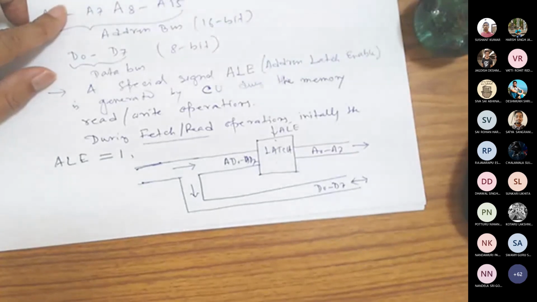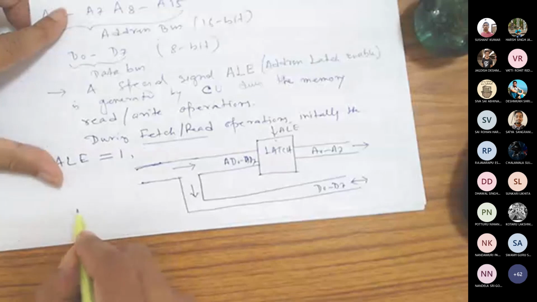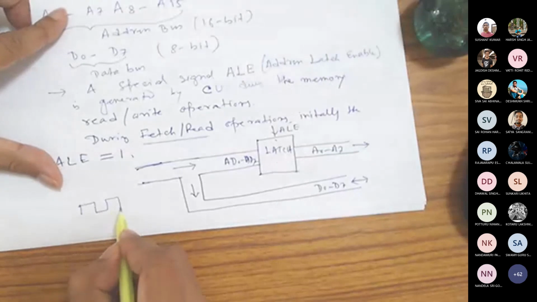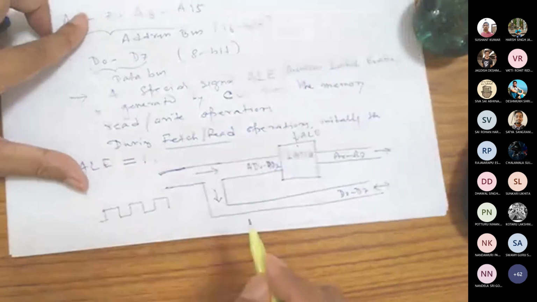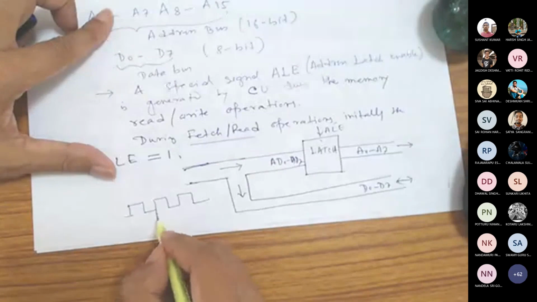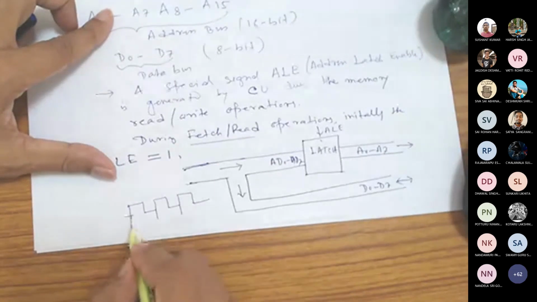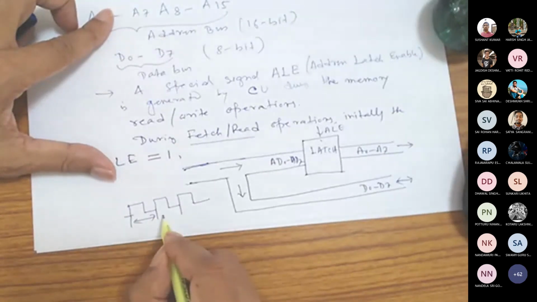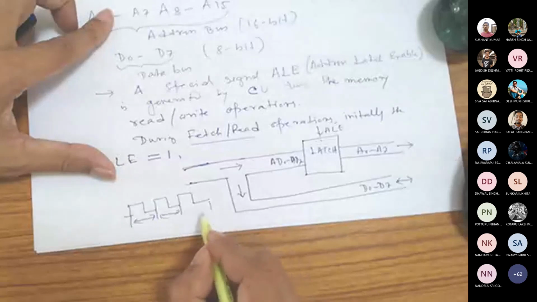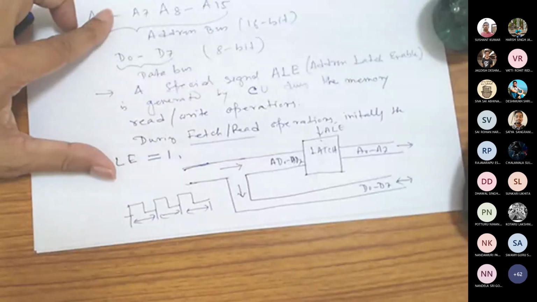it takes 3 clock cycles to complete a read operation or fetch operation. If I find time, I will show you these timing diagrams maybe after this vacation.